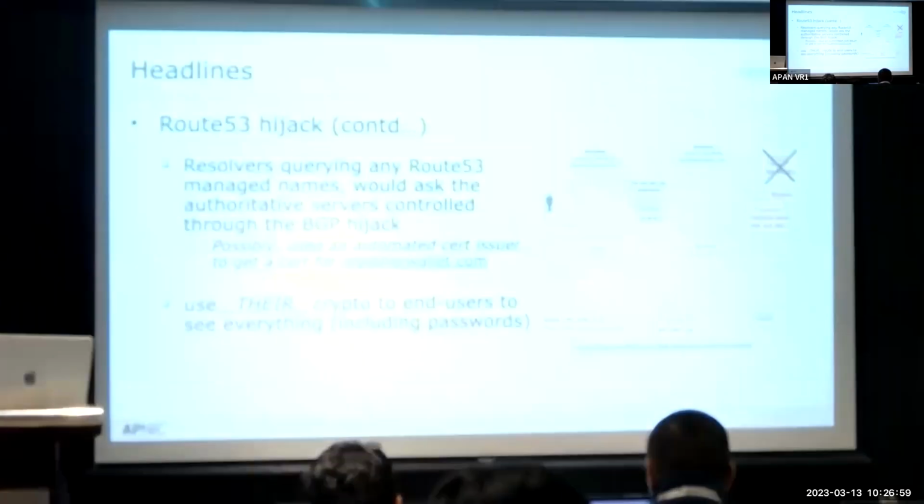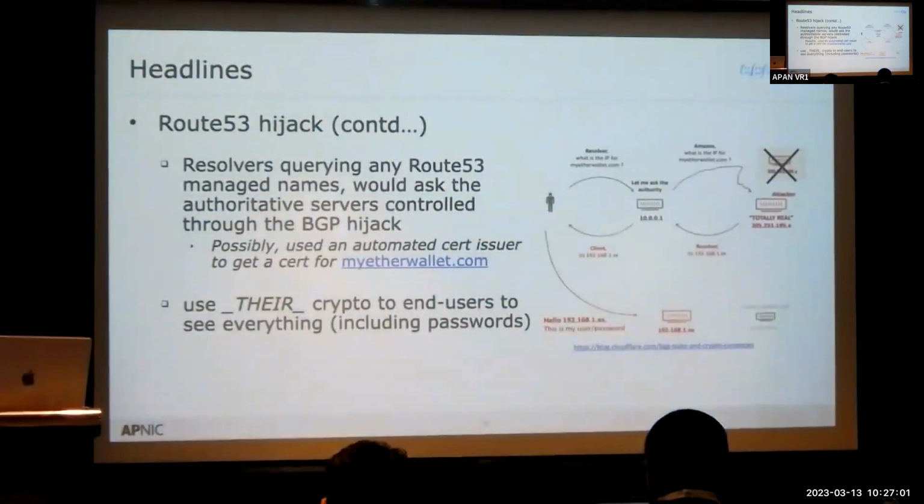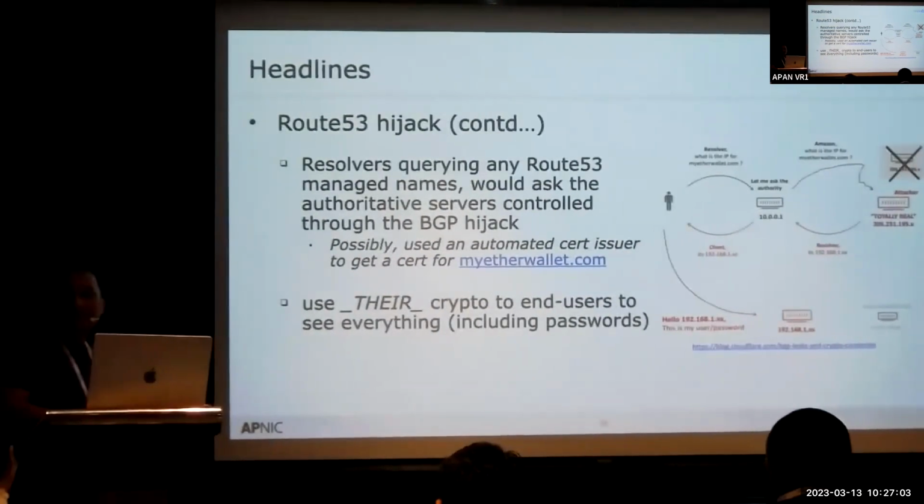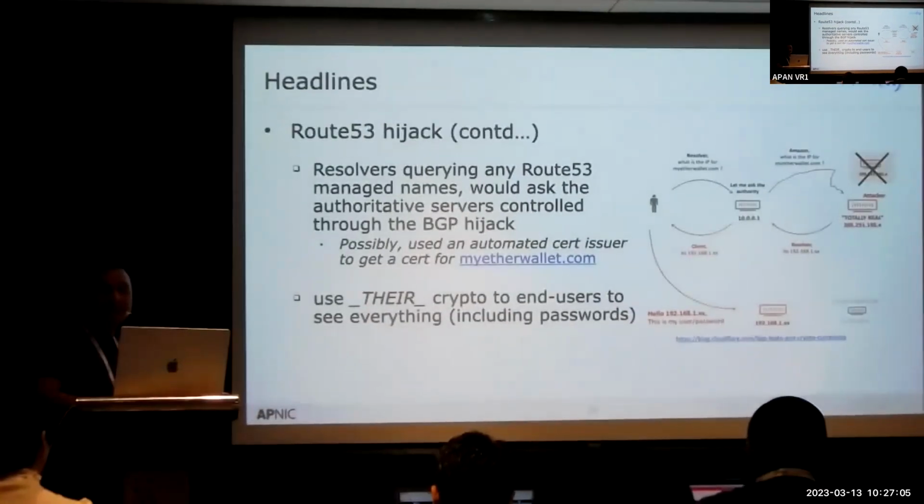So whenever a user queried that DNS server, it actually sent a response pointing to myetherwallet.com, and the users just gave away their usernames and passwords so that the attacker could steal their money. A resolver querying any Route 53 managed name would ask the authoritative servers controlled through the BGP hijack.